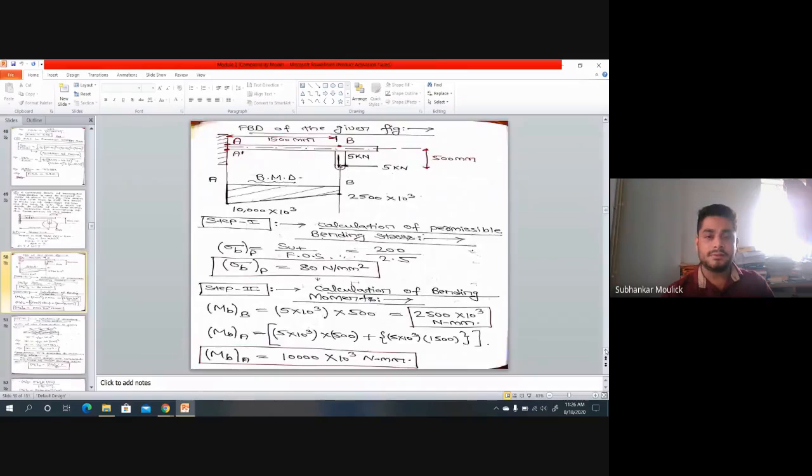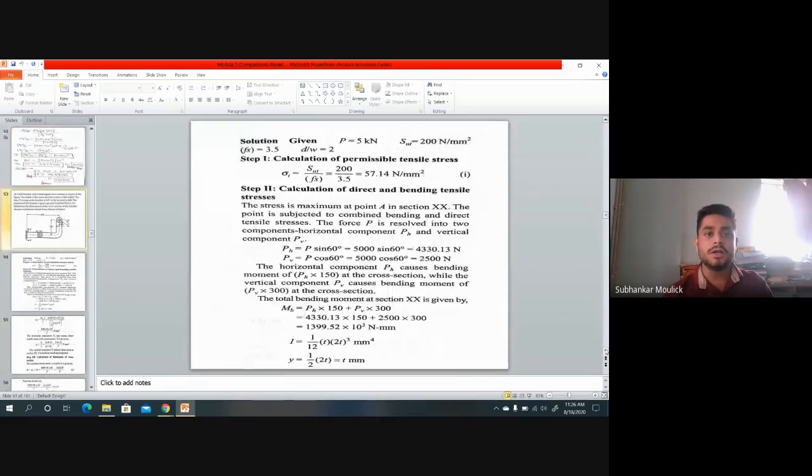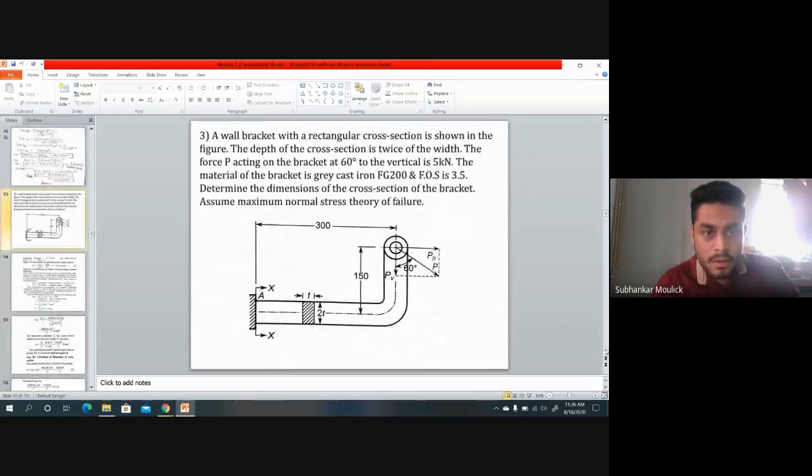Fine. Let us solve the third numerical. Let us read it. A wall bracket with a rectangular cross section is shown in the figure. The depth of the cross section is twice the width. Width is t and depth is twice the width, that means 2t.